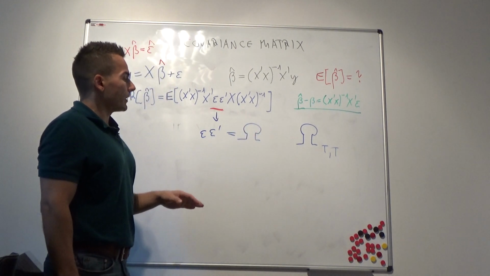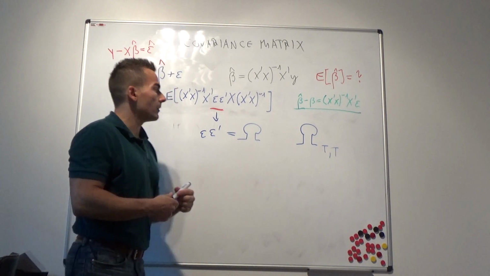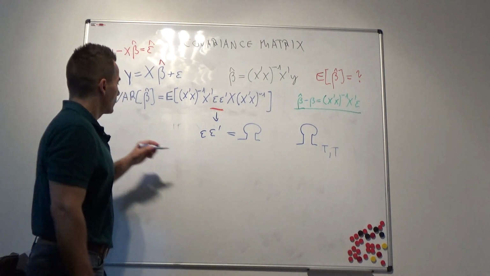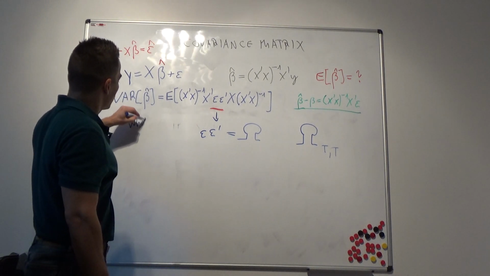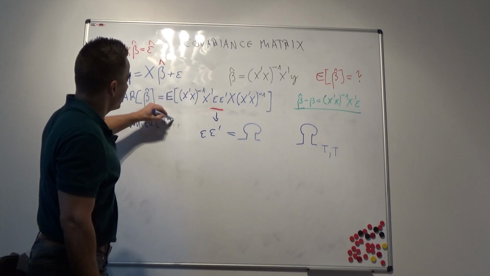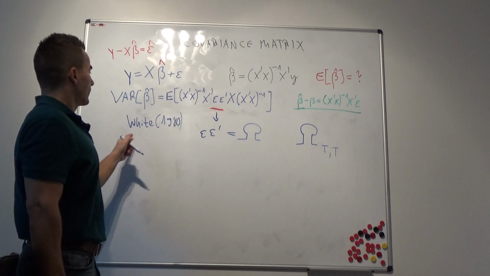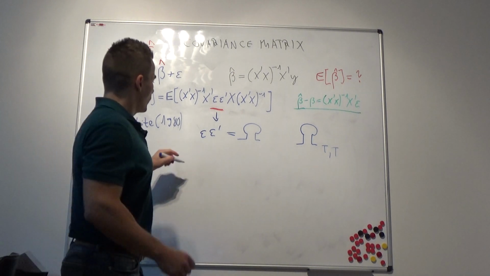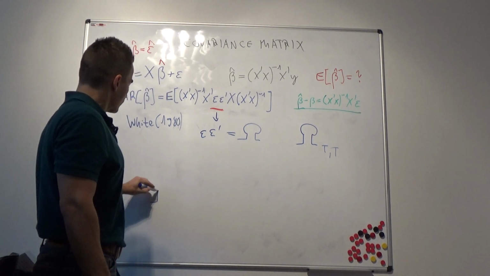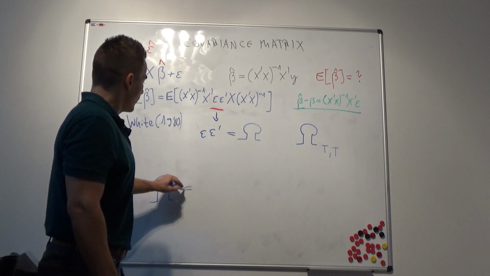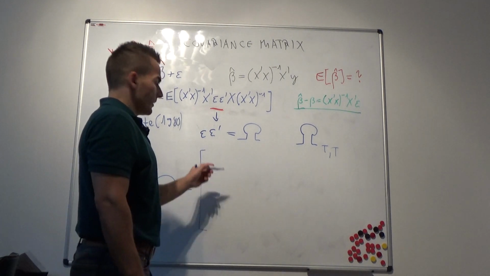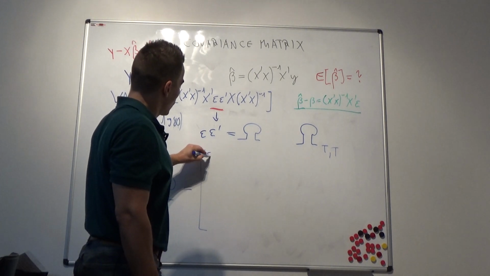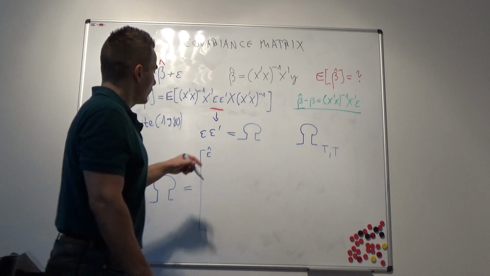One simple solution is provided in a paper from White, the so-called White correction. The paper is from 1980. Think about it, it's 40 years old. White suggests that we estimate our omega simply as a big T by T matrix, and on the main diagonal we put the estimated residuals.